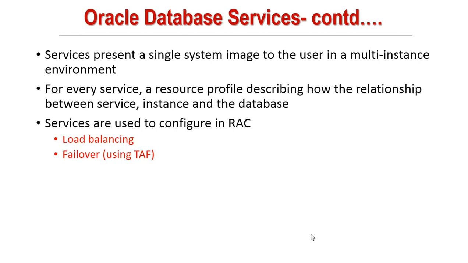For each service a profile is created, holding the information about how that service is linked to your database, your instance, and so forth. So services are required to configure load balancing and high availability in the environment.